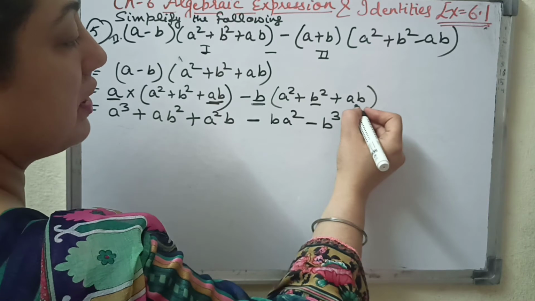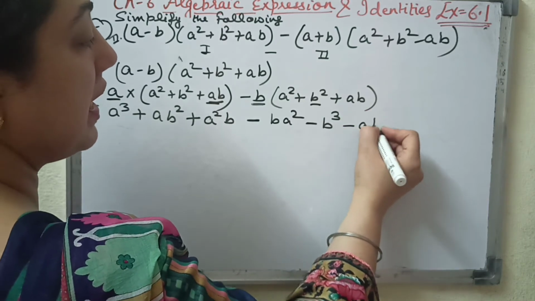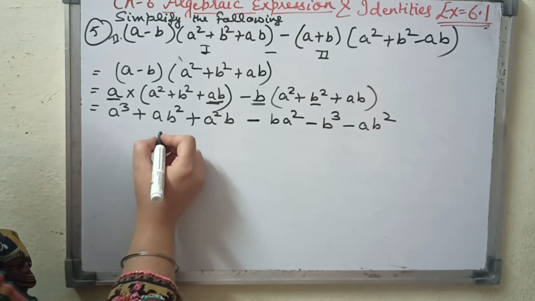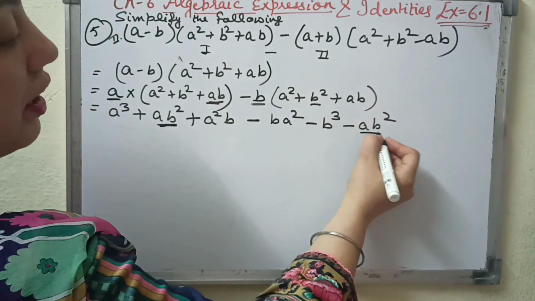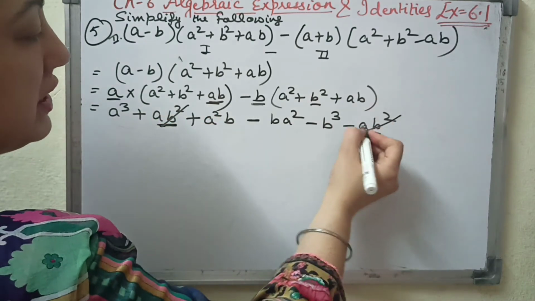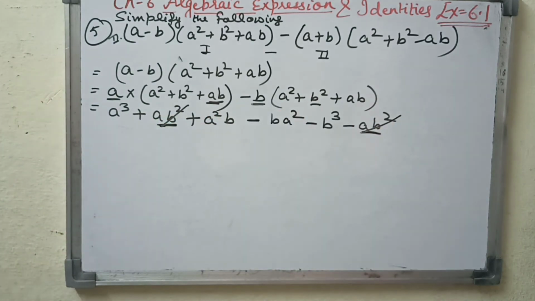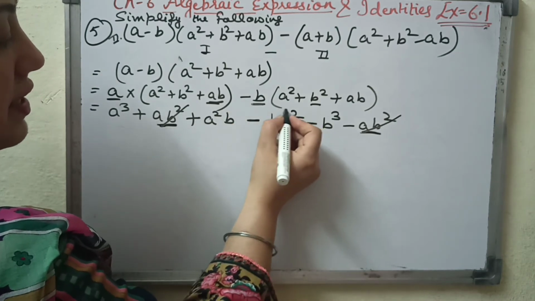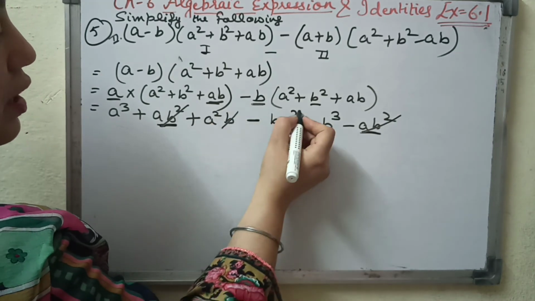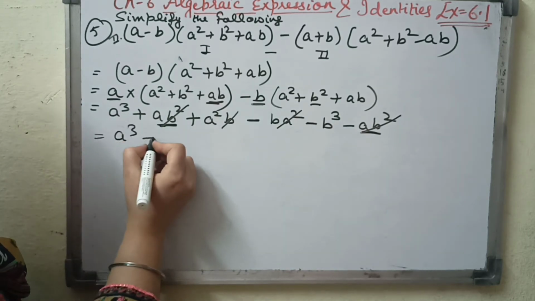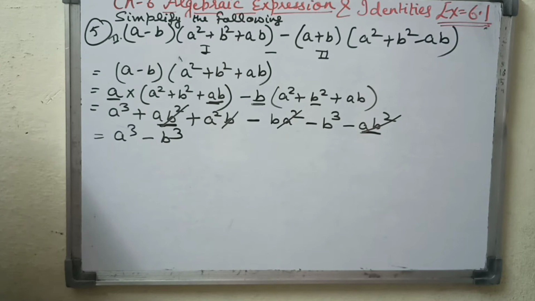Minus b multiplied with ab, it becomes minus ab square. Now, see the like terms. ab square, here is also ab square. This is plus and this is minus, cancel out with each other. Now, the next term is a square b. This is also a square b. Again, this term cancels out with this term. We are left with a cube minus b cube.